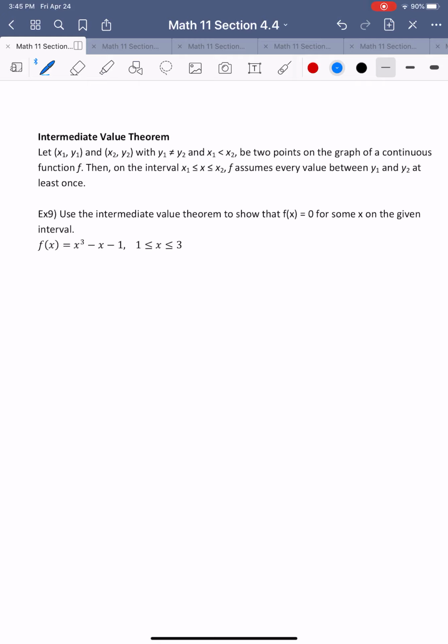Then on the interval between x sub 1 and x sub 2, the function assumes every value between y sub 1 and y sub 2 at least once. So the intermediate value theorem means, let's say you have an x here and the y value is here, so this is one of the points on the graph. And then the other one is here, with its y value here, another point. So when you connect these two points, there is at least a zero.